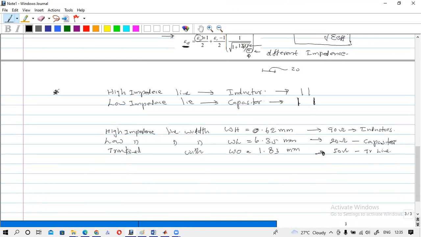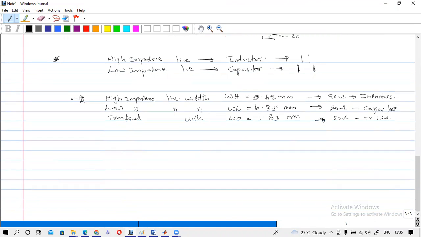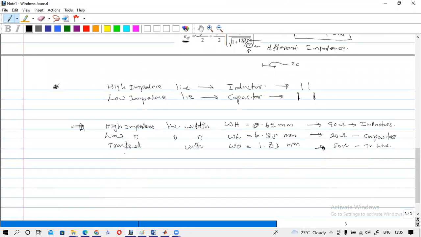Now we have calculated the width. Very easy. Now what do we have to do? You can see that this width is used to assign this microstrip section as an inductor, a capacitor, or a transmission line.